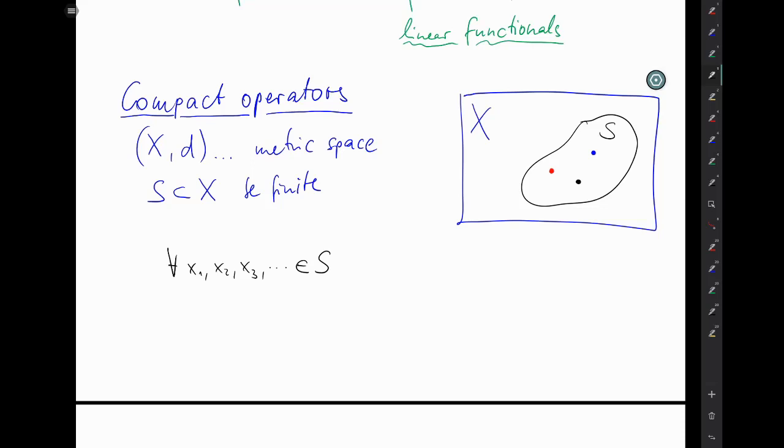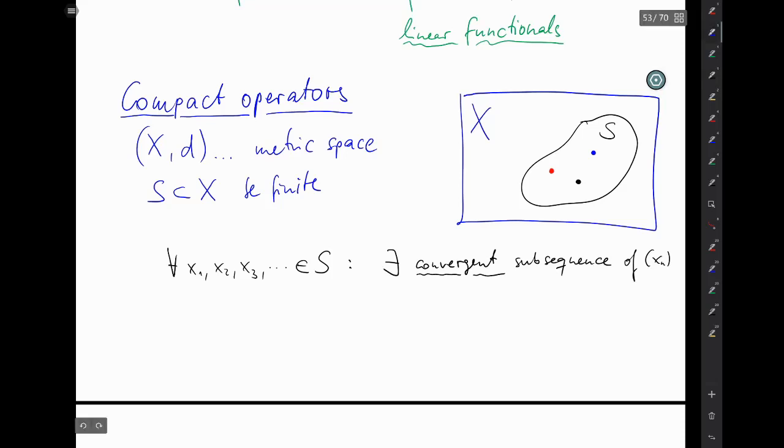Well, it's an infinite sequence, so it's a never-ending long sequence of blue, black, and red in some order. But what we can certainly say about that sequence is that there exists a convergent subsequence of our sequence xn.